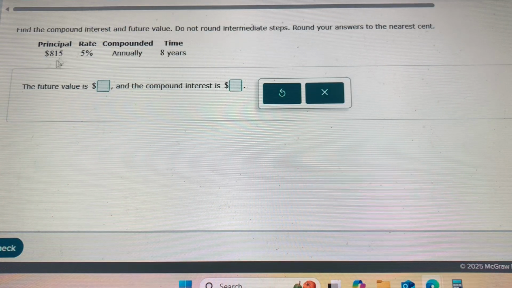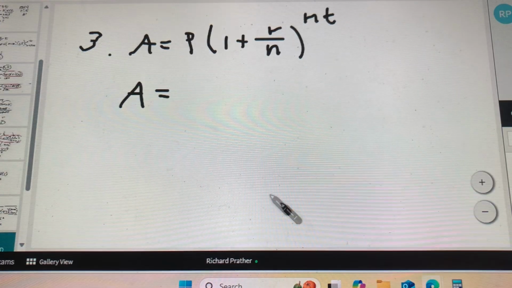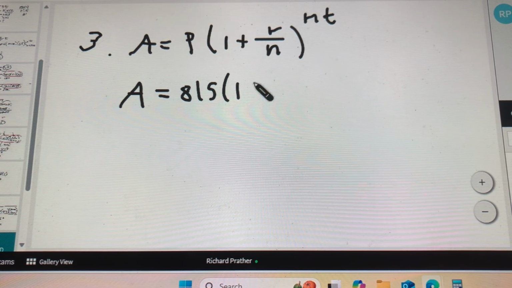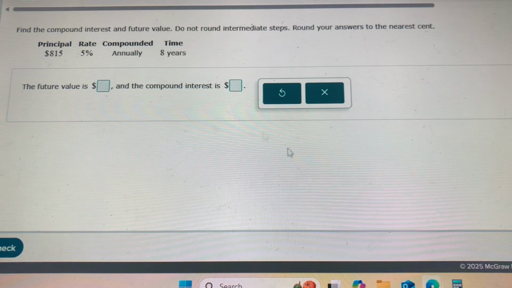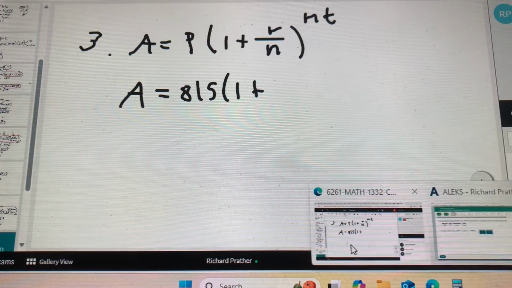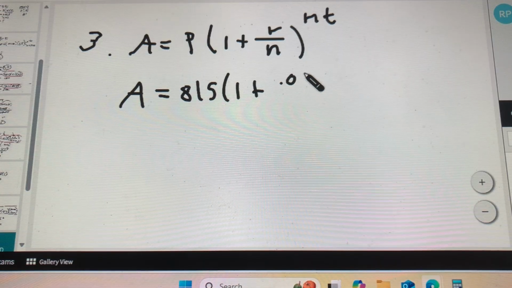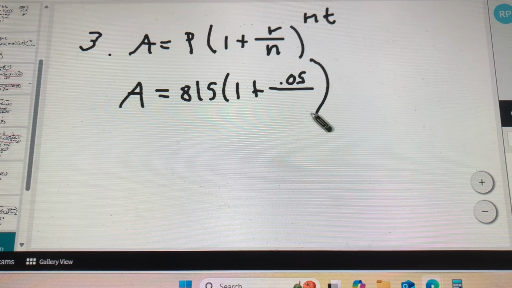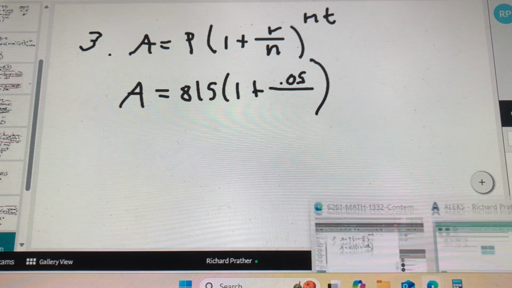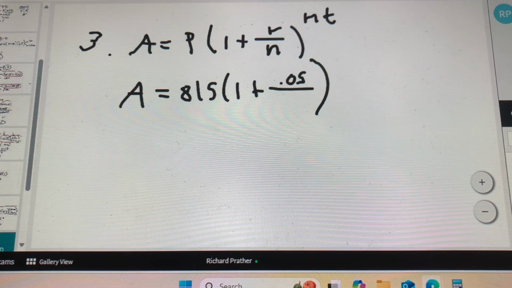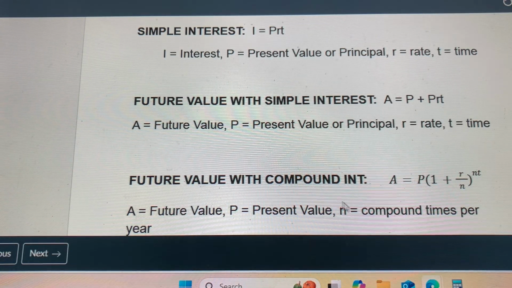So the principal or present value is $815. Somebody's borrowing or investing $815. There's always a 1 here. The interest rate is 5%, so make that 0.05. Now, the n stands for how many times per year you're doing it, exactly like that previous question. n is the compound times per year.